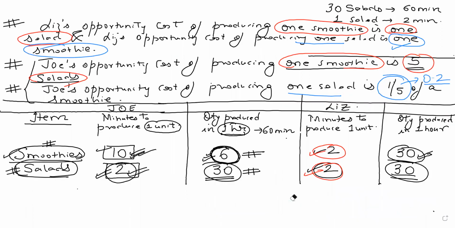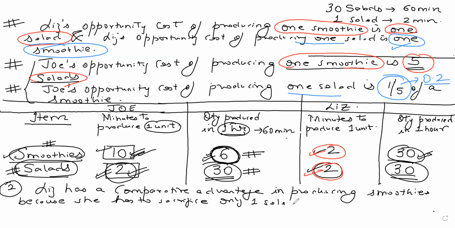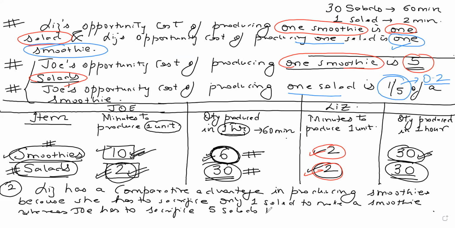So if I write point number 2, I can say that Liz has a comparative advantage in producing smoothies because she has to sacrifice only one salad to make a smoothie, whereas Joey has to sacrifice 5 salads to make a smoothie.